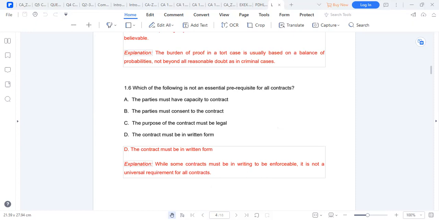So parties must have capacity is a legal ability that the people involved in the contract must be of age. If one person is below a particular age, the contract is void. You must also have mental competence. So if somebody is mentally incapacitated, you can't enforce that contract.